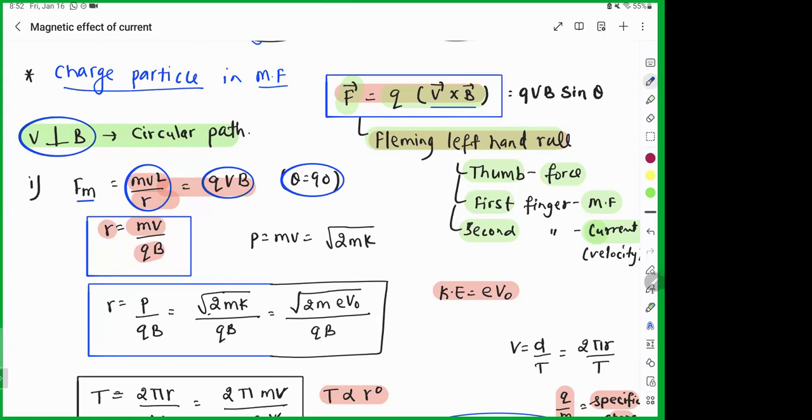r will be on the other side, qB will go to the denominator.